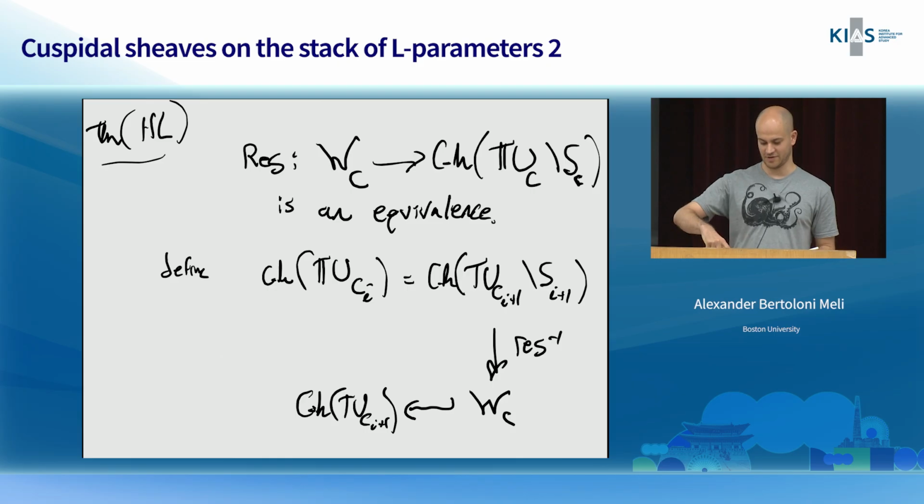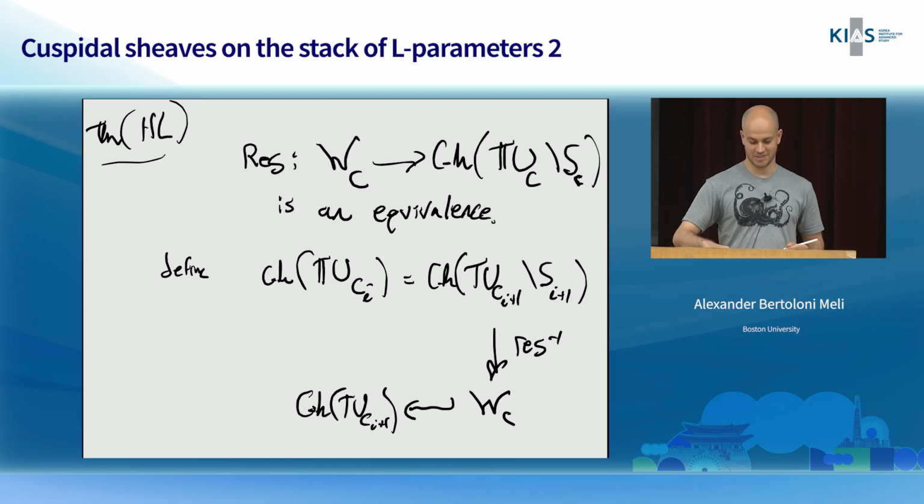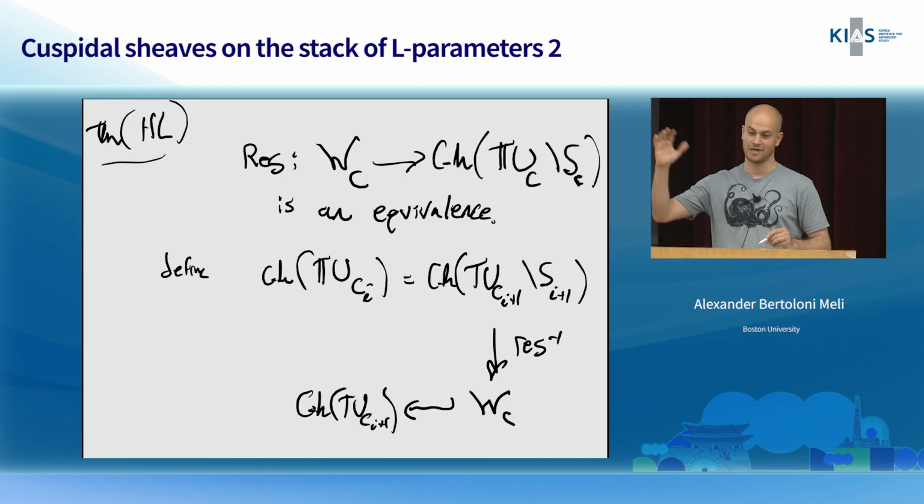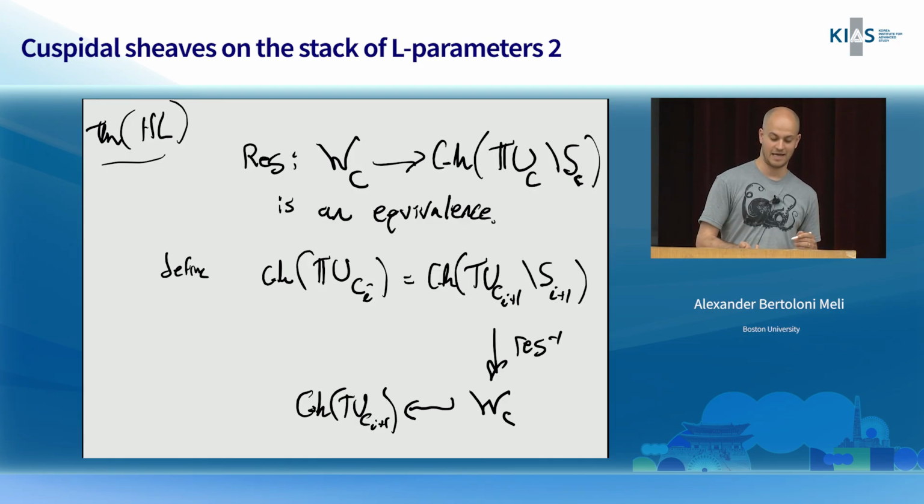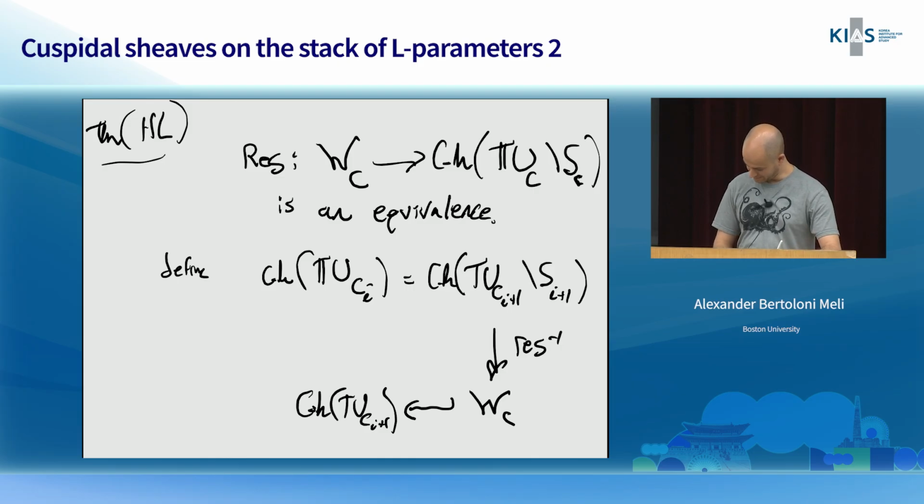Okay, so this functor, because this is an equivalence now, we're just taking its inverse basically. The point is that when you take TUC i plus 1 and you get rid of S i plus 1, then that actually is just the smaller stratum, and so then we can define, compose for all.